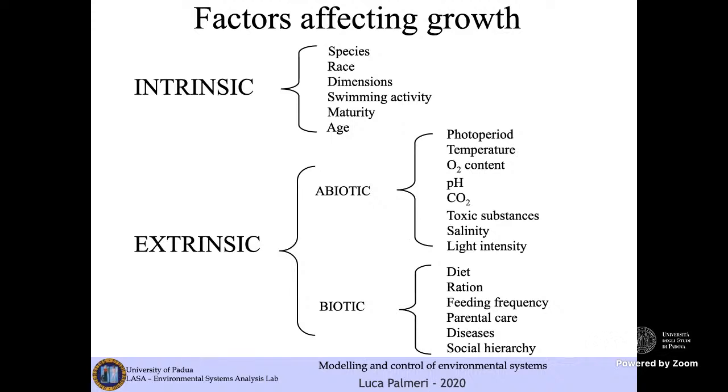Let's take a look in more detail at the factors affecting fish growth. Now we are focusing much more specifically on the organism, a fish. This is an example, and as we will see by the end of this lecture, this approach is totally general. This model is not only applicable to fish, but to a large class of biological systems.